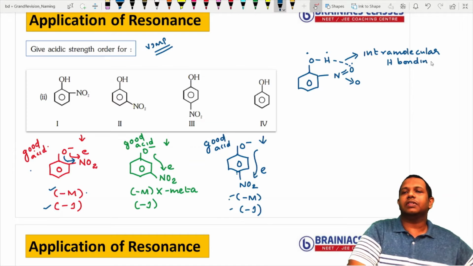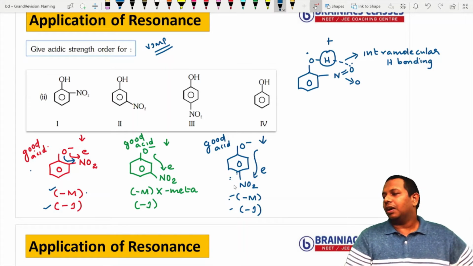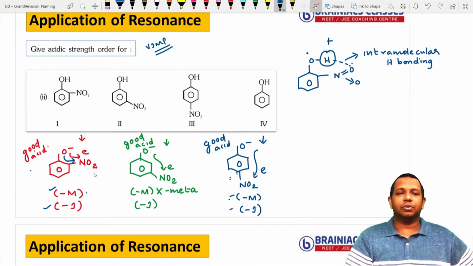Because of this intramolecular hydrogen bonding, this compound cannot release the H plus as fast as the third one. So in this case, third one is a good acid. Then comes which one? After third one, who will come then? Tell me. After third one, the answer will be, we can say first one will come. Okay. Then only second one.